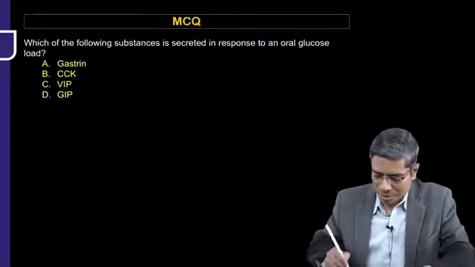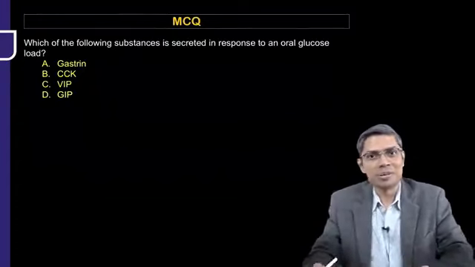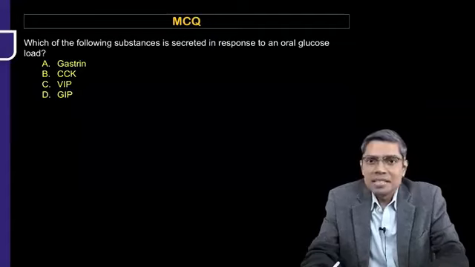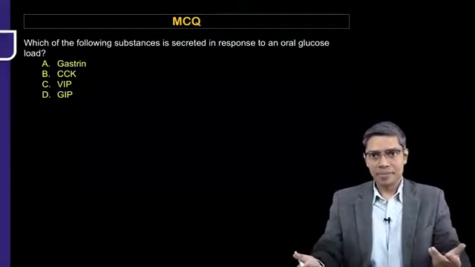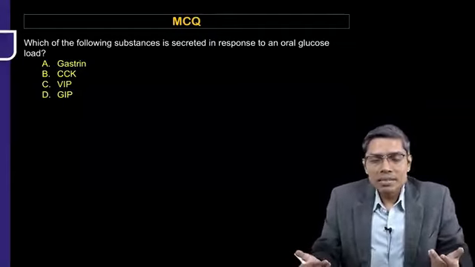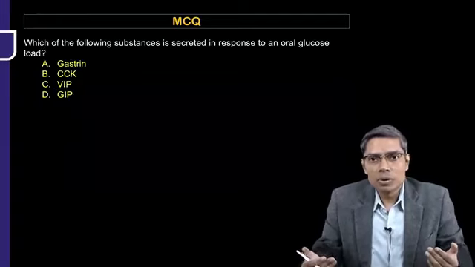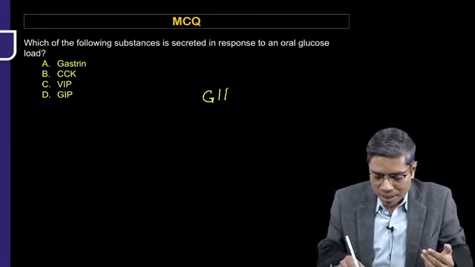Which of the following substances is secreted in response to oral glucose load? We have seen that neither gastrin, CCK nor secretin is stimulated by glucose load or carbohydrate. So what is the GI peptide released in response to glucose load? Remember, the peptide is GIP.